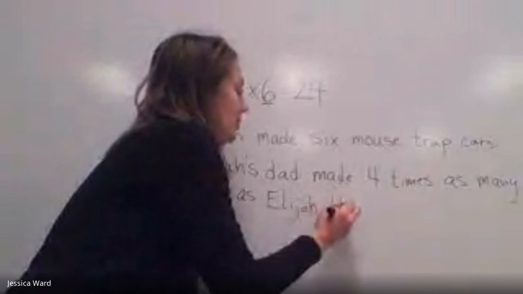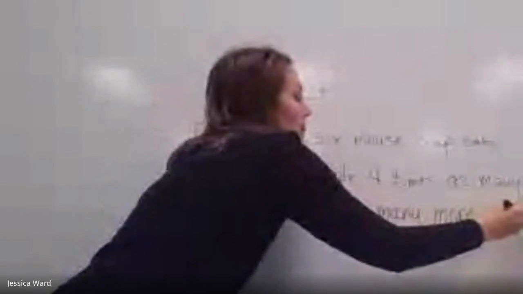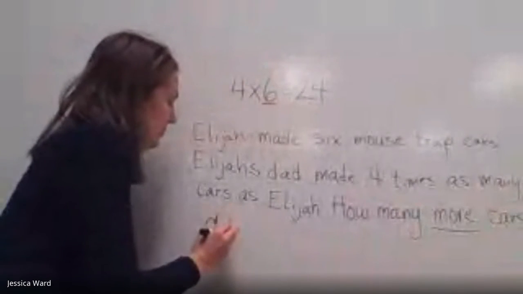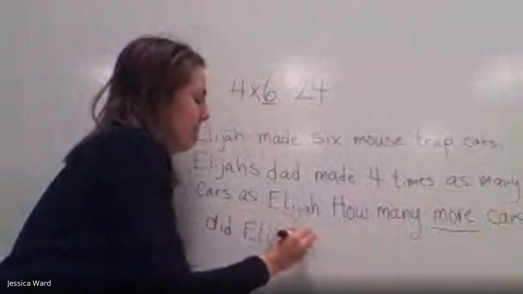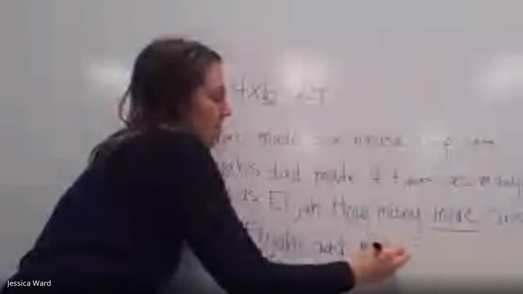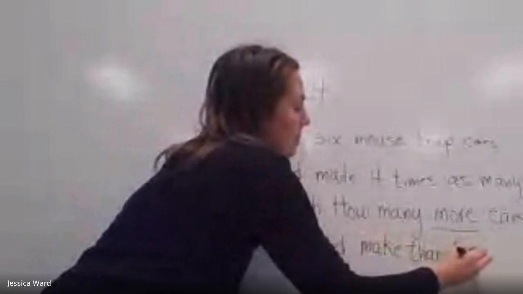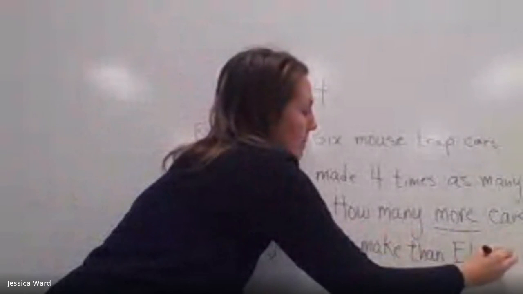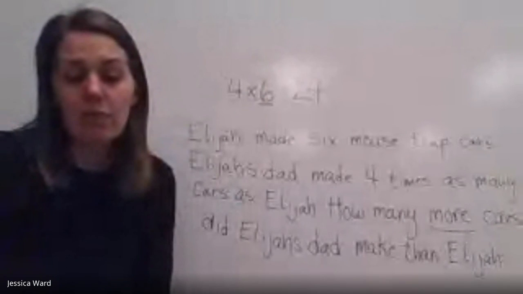So we're going to write, how many more, because we're doing a comparison, so we're comparing more or less, how many more cards did Elijah's dad make than Elijah? All right. So this kind of gives you a taste for how you could write your own word problems.